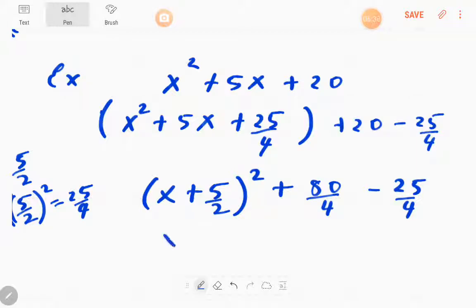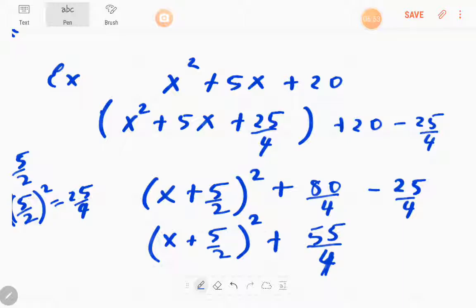So we have (x + 5/2) squared plus 55 over 4.